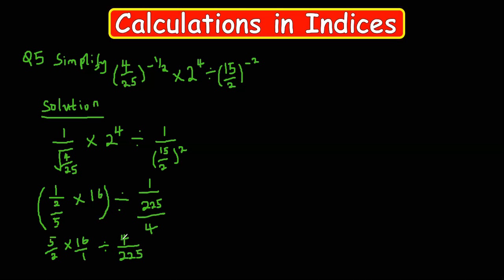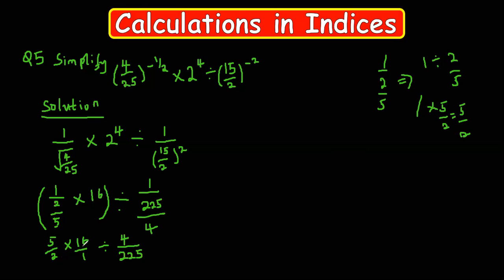In case you don't know what is happening, this is just simple simplification of fractions. We have 1 over 2 divided by 5, which can be written as 1 over 2 divided by 5, and when you change this to multiplication, you have 1 times 5 over 2, which is the same thing as 5 over 2. Okay, so this is clear now.